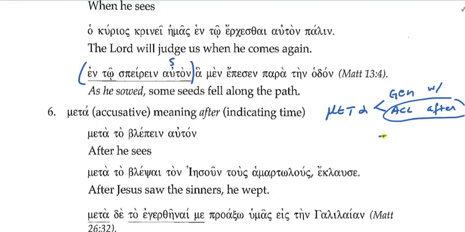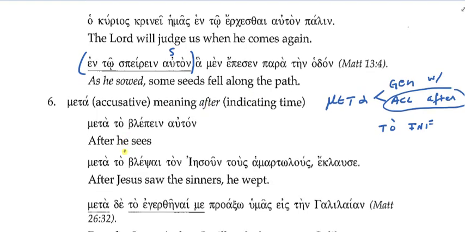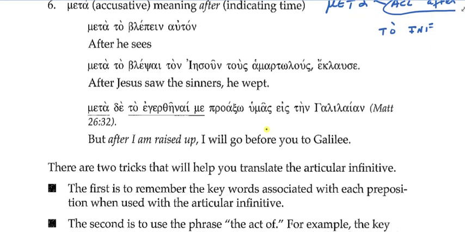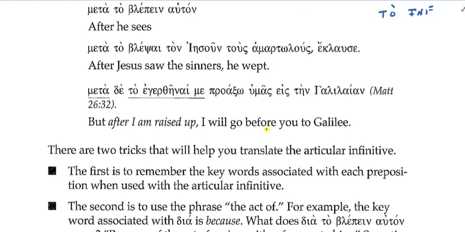So, meta, accusative of the article, and then infinitive. Meta to infinitive means after the infinitive action happened. Meta to blepein auton, after he sees. Okay? And the example from the New Testament, Matthew 26:32.